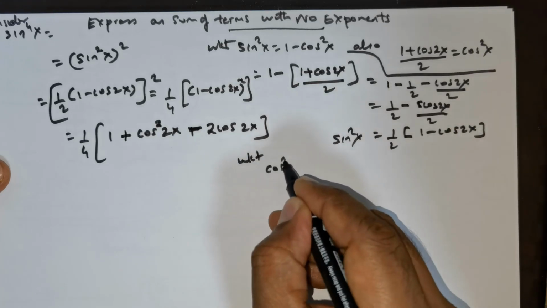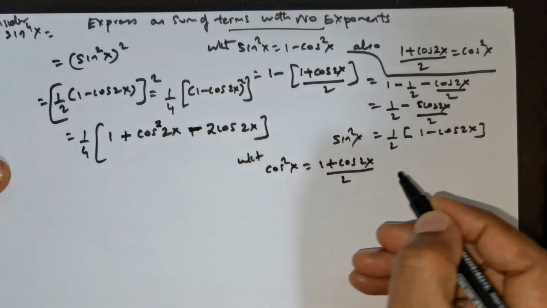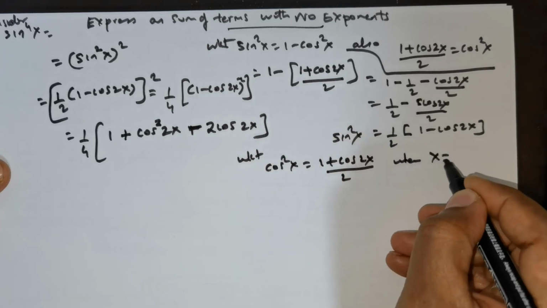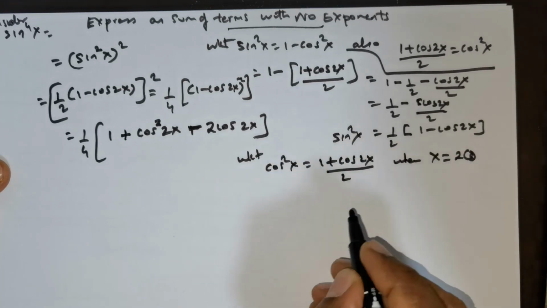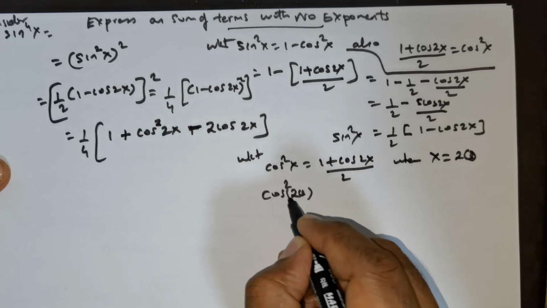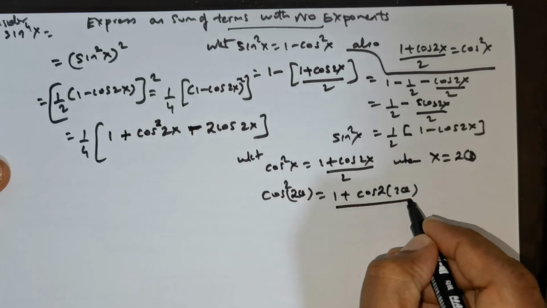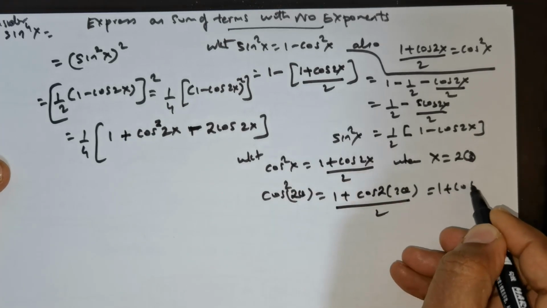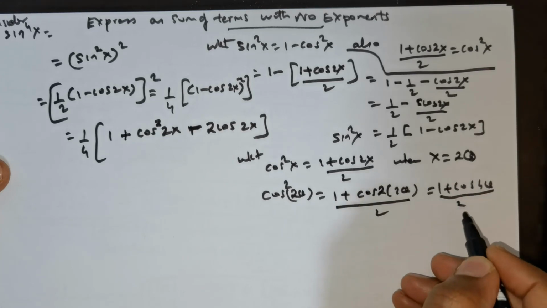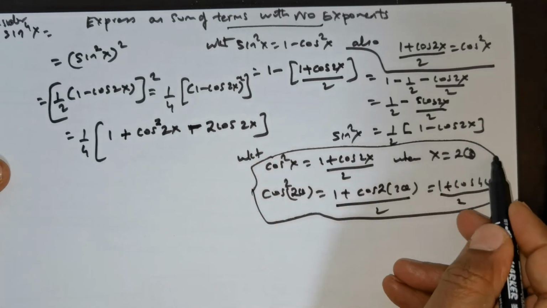We know that cos squared x is 1 + cos 2x divided by 2. Suppose x is equal to 2 times theta. So that would mean cos squared of 2 theta is equal to 1 + cos 2 of 2 theta divided by 2, which is 1 + cos 4 theta divided by 2. Right? You can utilize this.